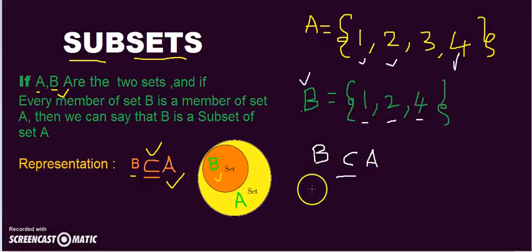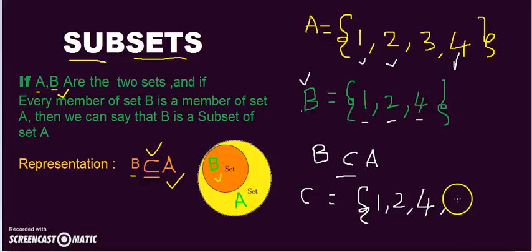So if we take another set C, I'm taking the other set C, which has the following elements, for example, 1, 2, 4 and 5. My set C consists of 4 elements, which are 1, 2, 4 and 5.